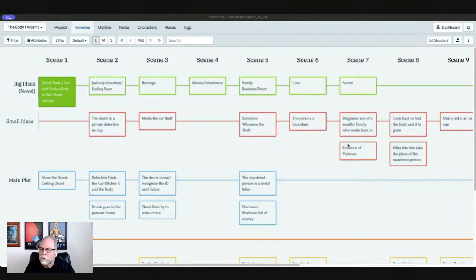It seems to be pretty close between 4 and 7. 5 and 7, family business and a secret. That's interesting. 3 and 5 could be combined. That is true. That would make for an interesting story.